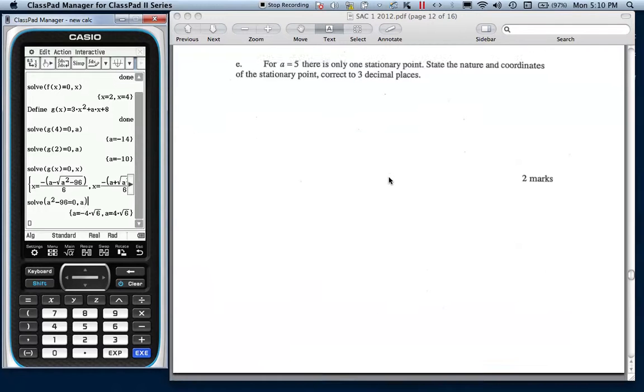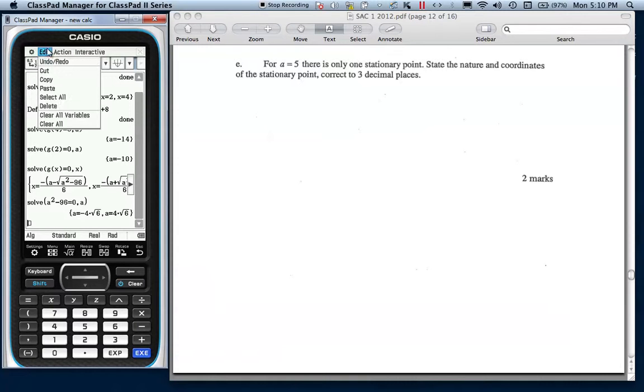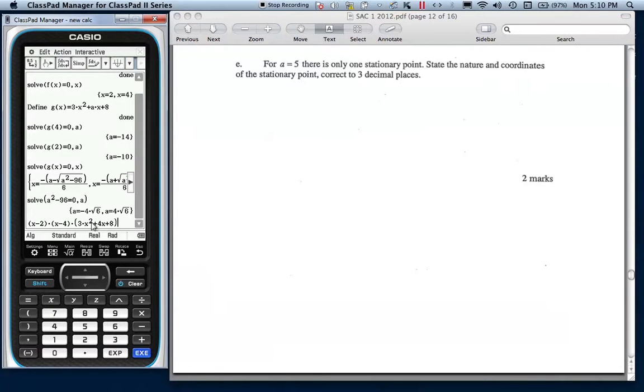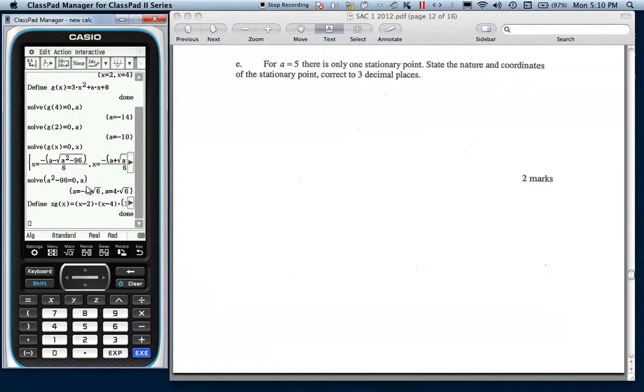So let's make a equals 5 to begin with, and perhaps what we can do is just copy this, paste it in over here, and change it to a 5. We can define that as anything we like. We can now go ahead and define it as g if we like, and that will override what we've done before.